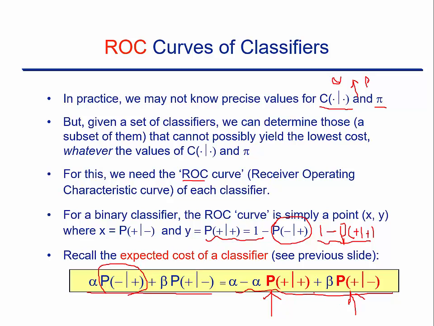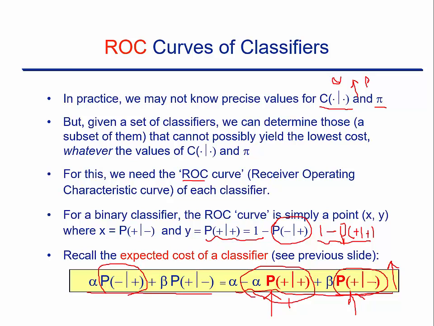So this means even though we have 1 for p plus given plus, which minimizes this term, p plus given minus is also very high, which still results in a large total cost.